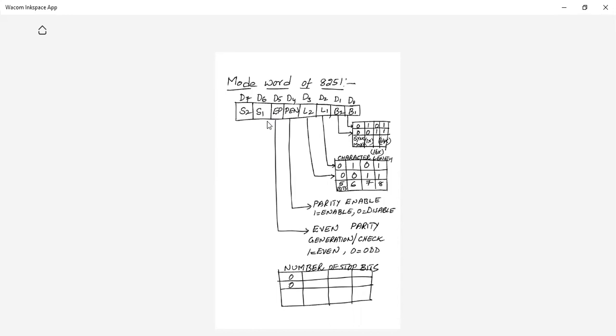0, 0, S1 and S2, right? So 0, 0 is invalid, and the valid options are 0, 1 and another one is 1, 0. 1, 0 is for only one stop bit, plus using bits 0, 1 for 1.5.